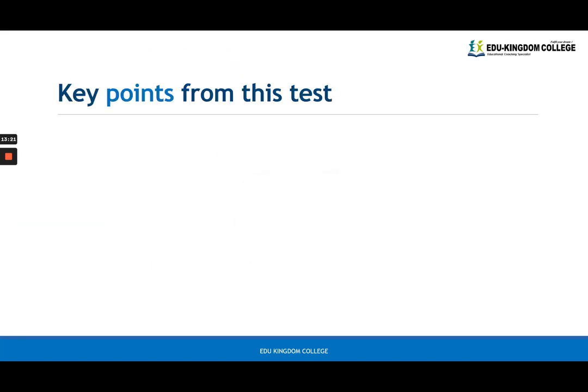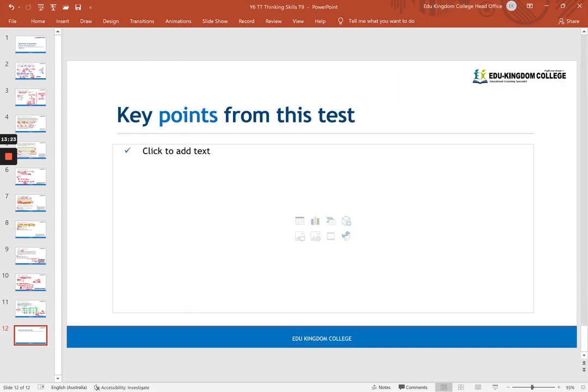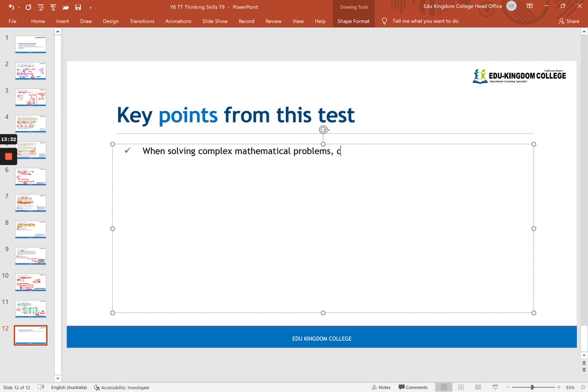Right, so some key points from this test. When solving complex mathematical problems, don't forget to label your working out. This will help you in solving the question and double checking your answer. Okay?